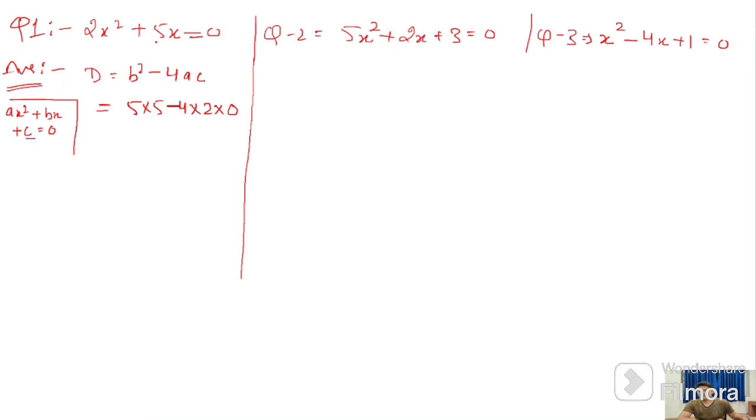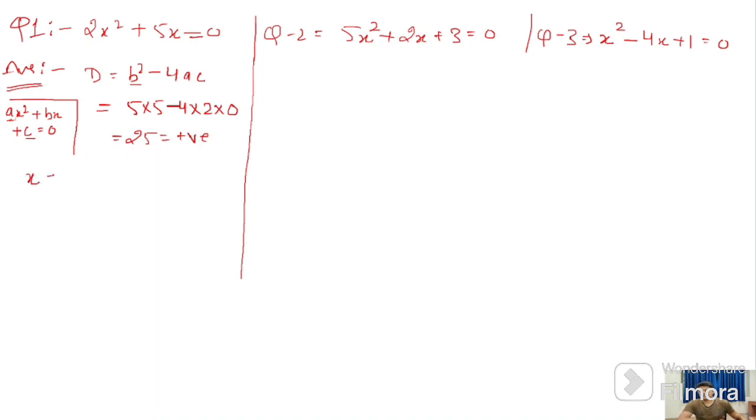So b as compared to this equation will be 5, and b square is 25. So we have a positive value, hence we will have real roots.